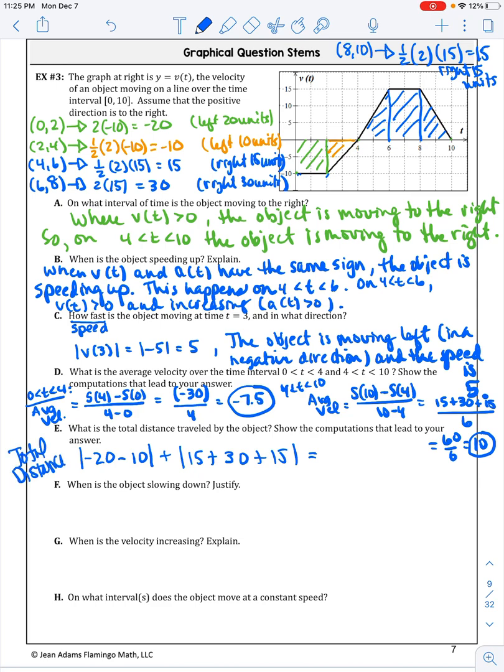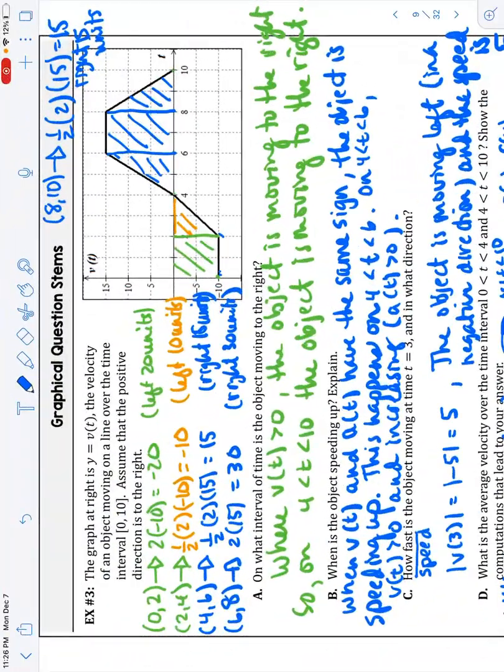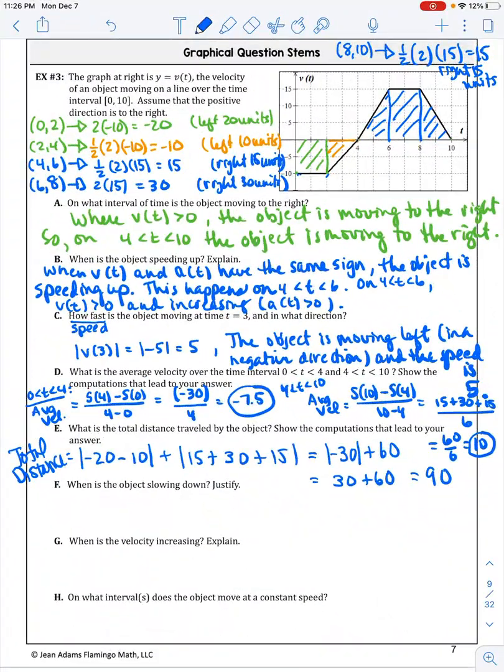Even though it was in a left-hand direction, for displacement you would subtract, but on total distance traveled, you're going to take the negative and make it positive. So that's going to be 30 plus 60, so it's going to be 90. Total distance traveled, 90 units.